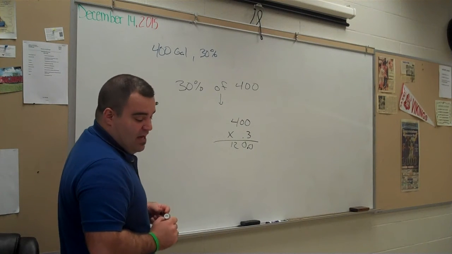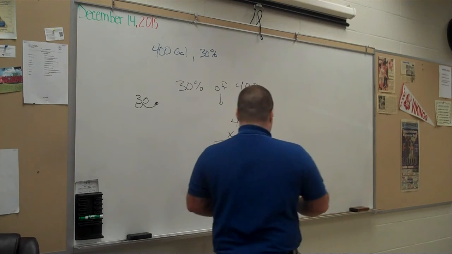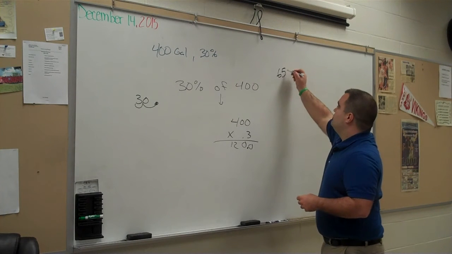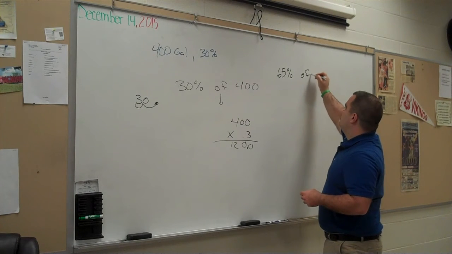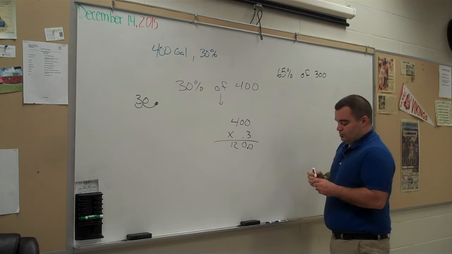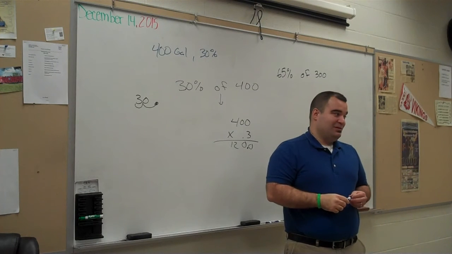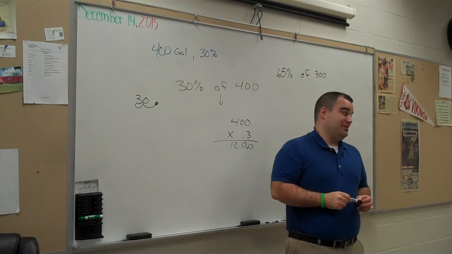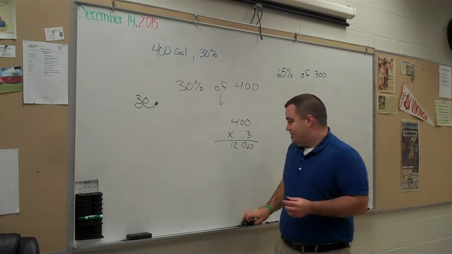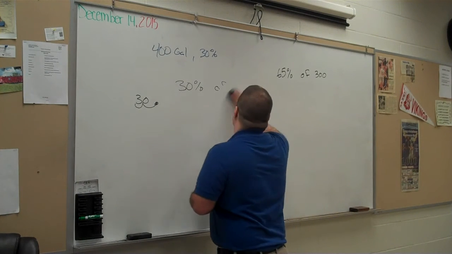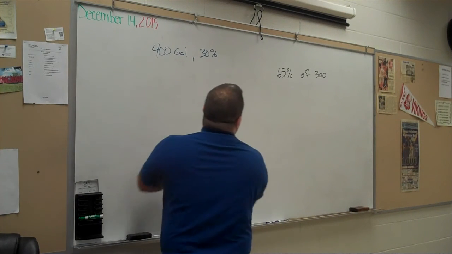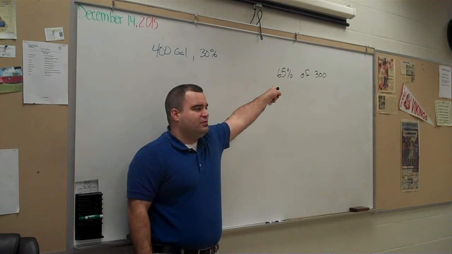Try this. Find 65%. But is there some fractions where you can't use this? I think this works 100% of the time. Try it. Down at the bottom of your page, 65% of 300.